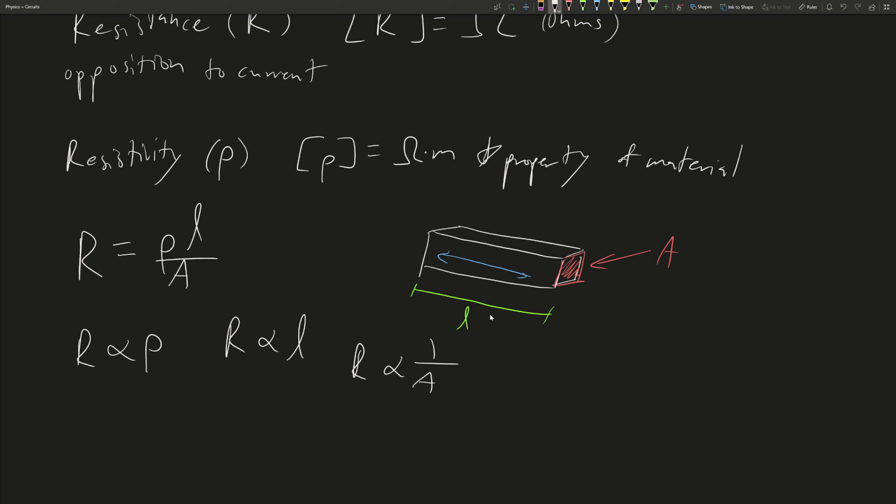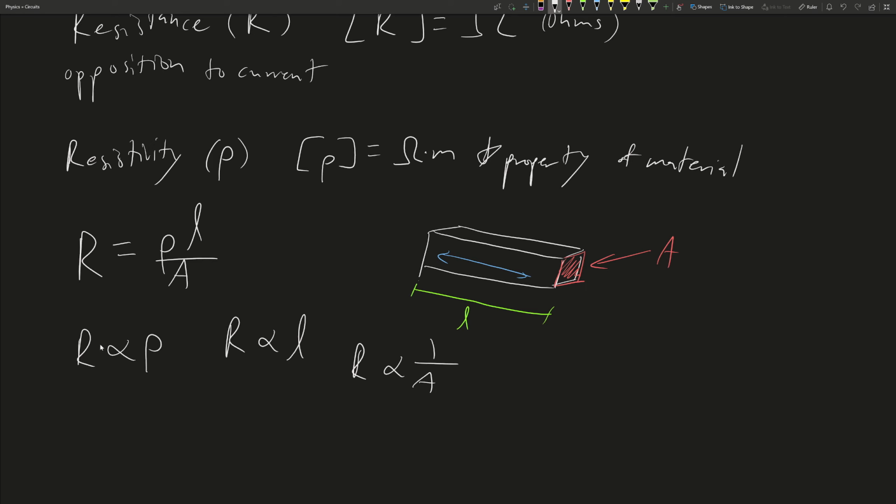And this makes sense if you think of electrical current. A common analogy is the flow of water in water pipes. So if you have a bigger pipe, there's going to be less resistance for water to flow through it. Whereas if you have a longer length of pipe, there's going to be more resistance because the water has to flow through a longer length of pipe, and there's more chance for it to slow down because of the pipe.